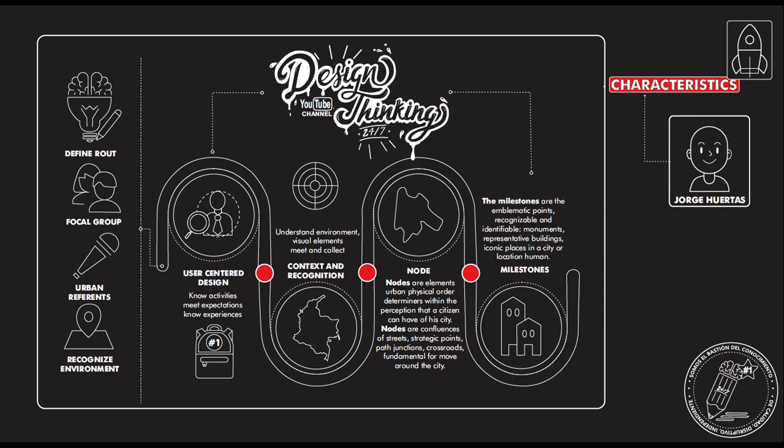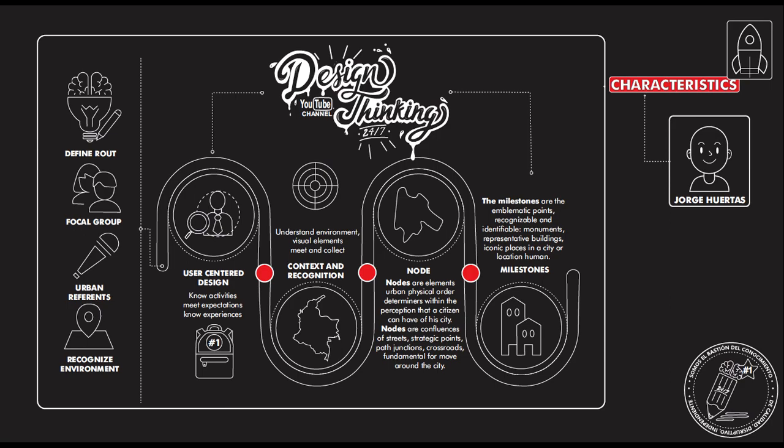The milestones are the emblematic points, the recognizable points. For example, if I'm a tourist in a specific city, I want to go over there. If I'm in Buenos Aires, I want to go to the obelisk. If I'm in New York, I want to go to Times Square. Things like that are very recognizable, representative buildings, of course, iconic places, and it's very important to understand the relation that people have with that because it represents their identity and their culture.